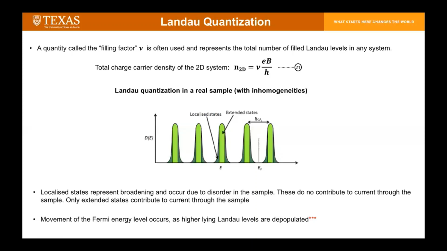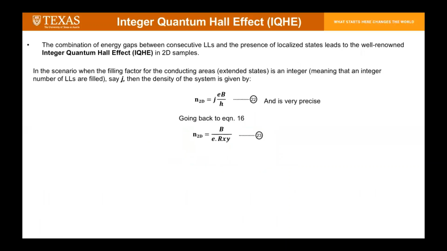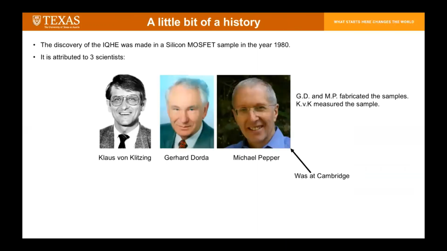And that is the region which corresponds to the flat plateaus, right? So yeah, that is the right answer. If you have more disorder, if you have more of these localized tails, then you'll have longer plateaus and longer minima in the Shubnikov-de Haas, correct?